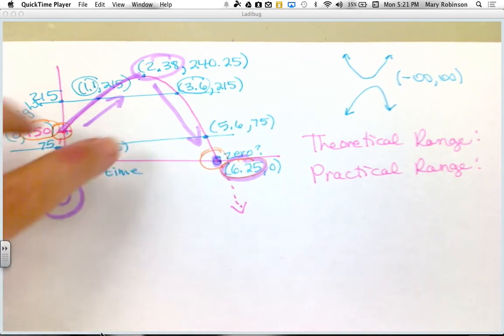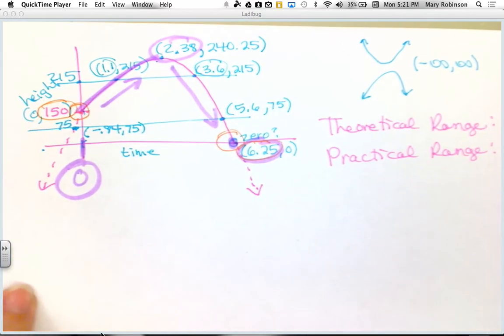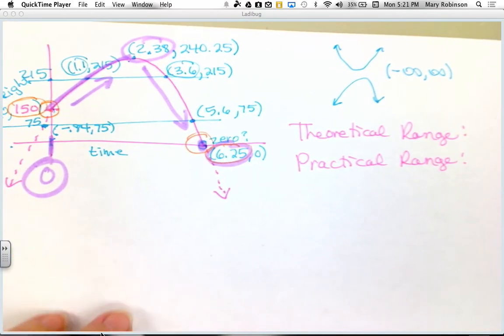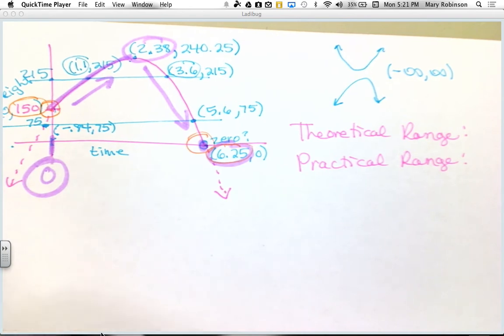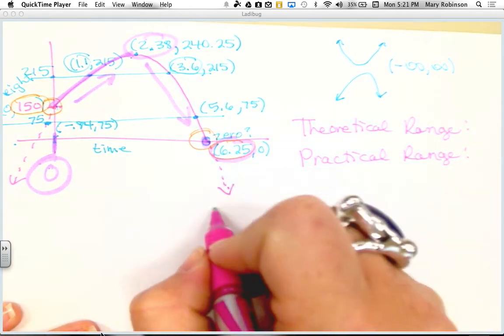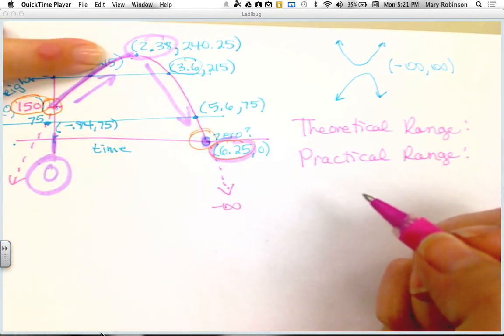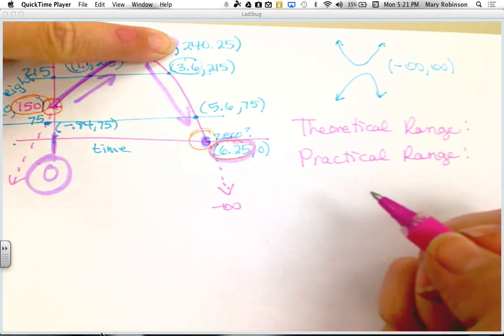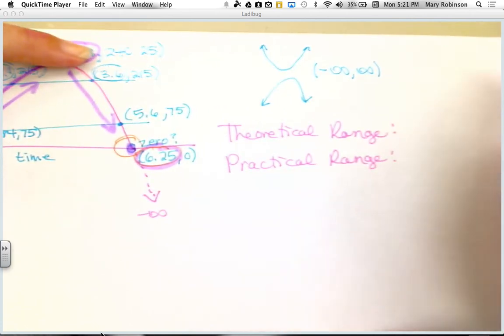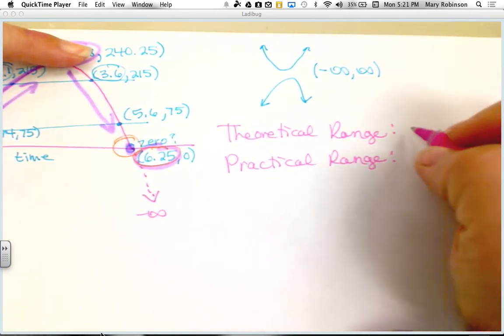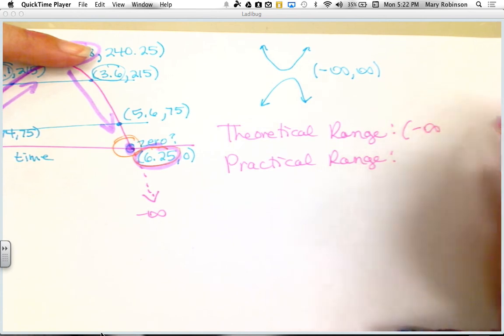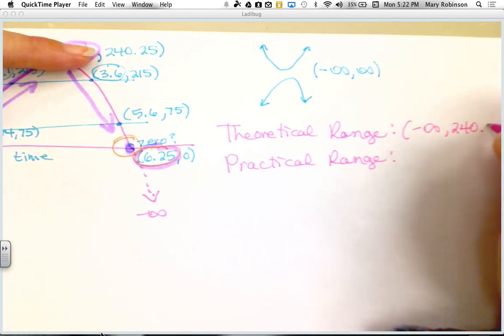In this case, because our A was negative, it goes down forever. So we would say that the range of this function, remember, range is your lowest y to your highest y, would mean from negative infinity all the way up to your highest y, which from your max point is 240.25. So for our theoretical range, our lowest y is negative infinity. Our highest y is 240.25, inclusive.